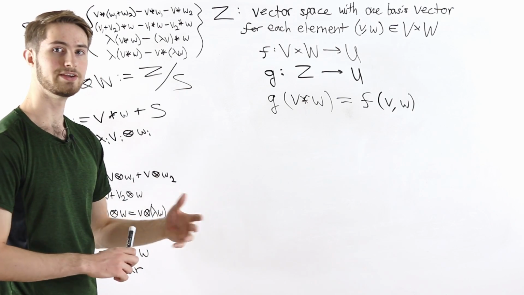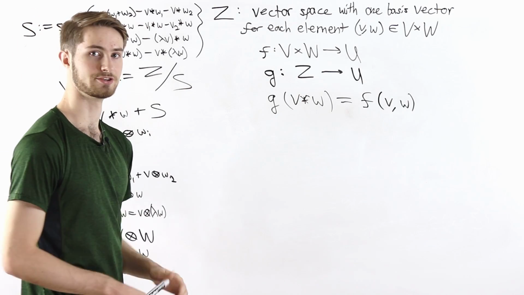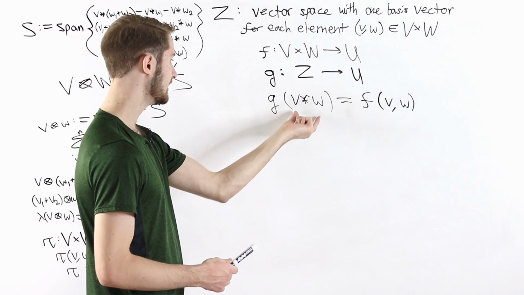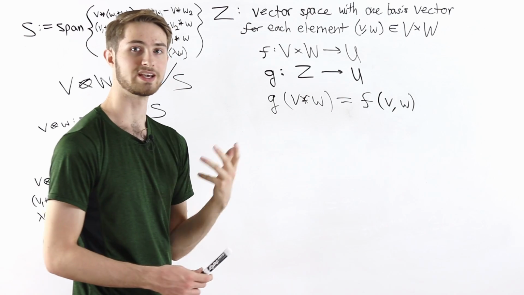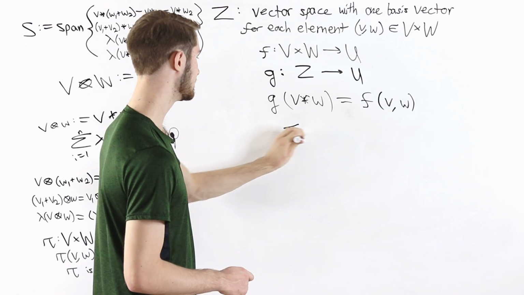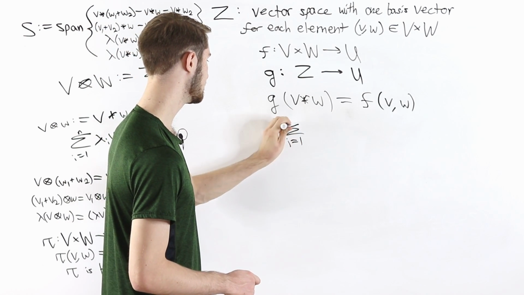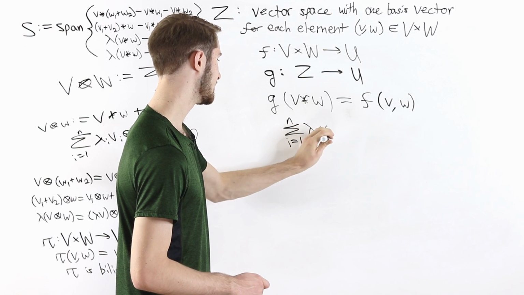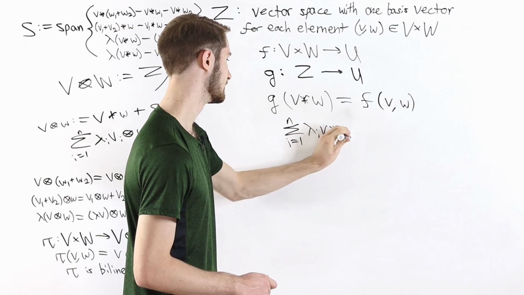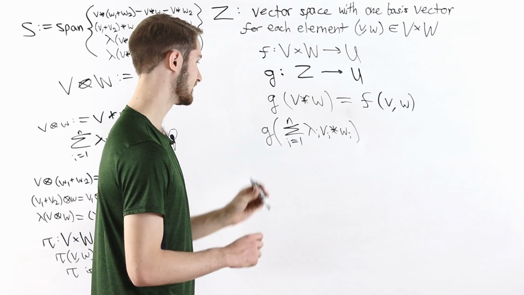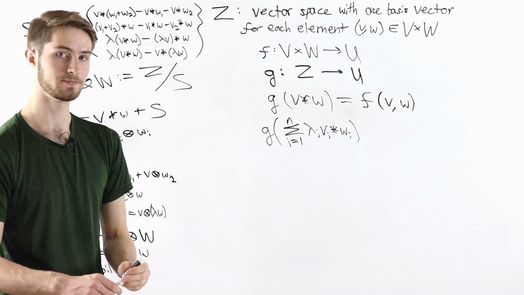Now we want to extend this to arbitrary elements of the vector space Z. In general, an element isn't going to look like this. This is just a basis vector. So an arbitrary element of Z will be some finite linear combination of lambda i times v_i star w_i. So we want to ask, what is g applied to this?